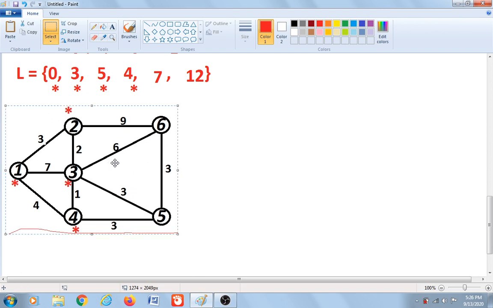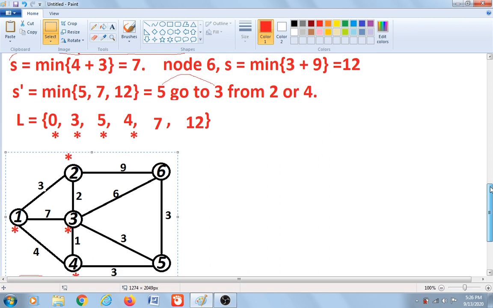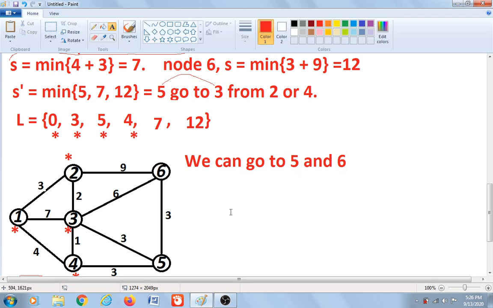Okay, so from the permanent nodes number 1, number 2, number 3, and number 4, 1 2 3 4, we can go to node number 5 and number 6 directly. Okay, so we can go to 5 and 6.